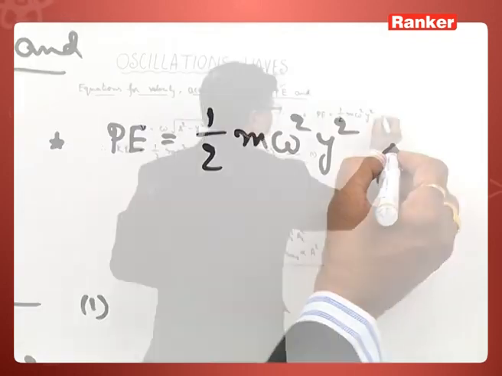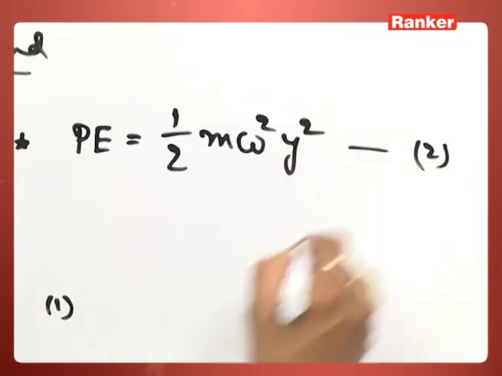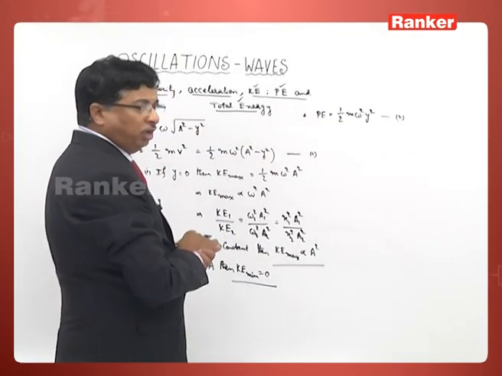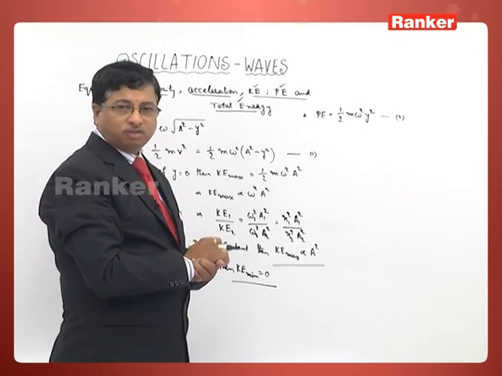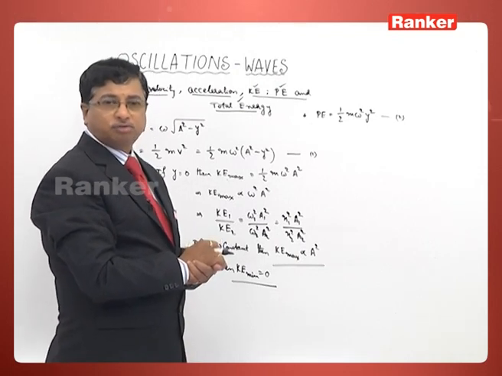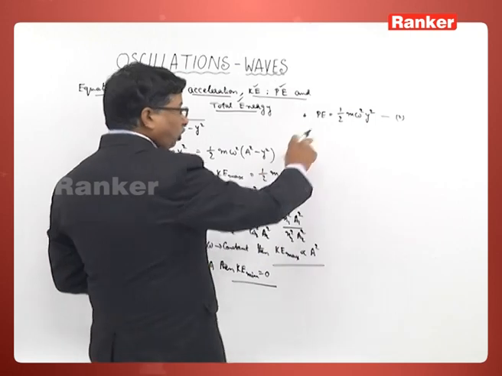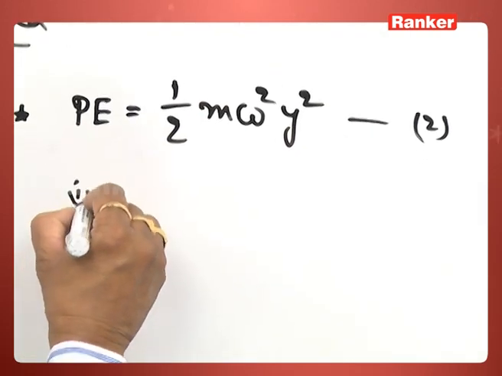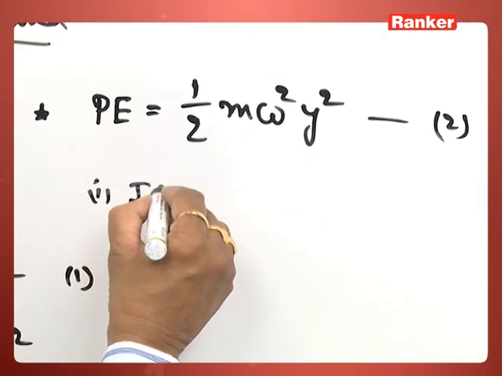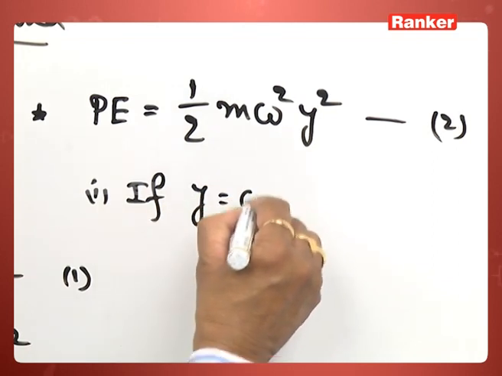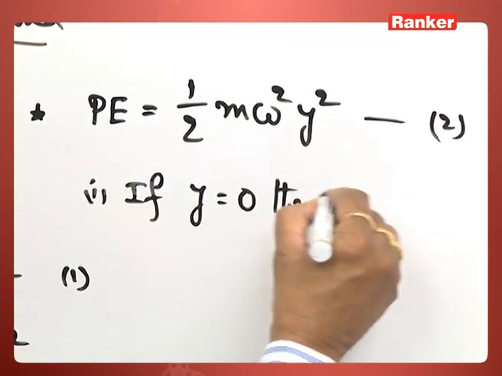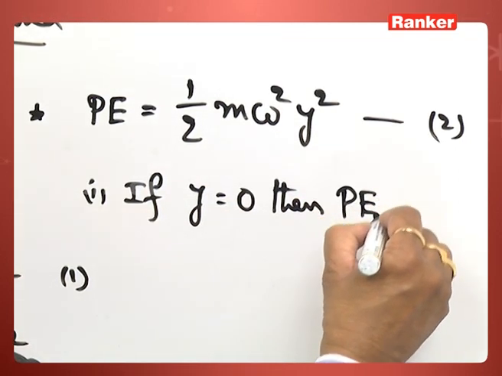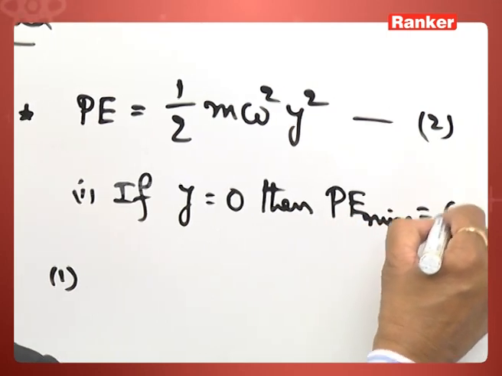This is the second part of the energy of the particle in SHM, that is potential energy. When you take once again the first condition, if y is equal to 0, then directly you can write potential energy becomes minimum and its value will be 0.